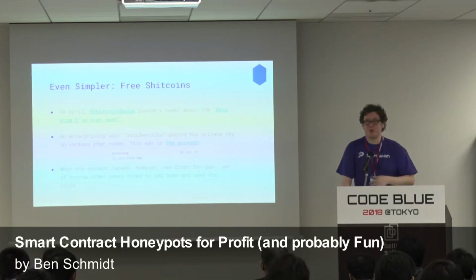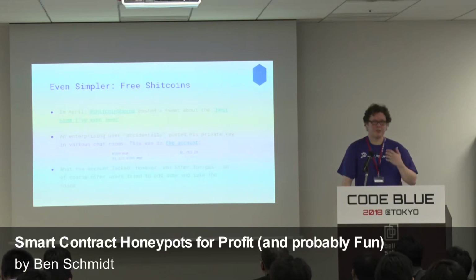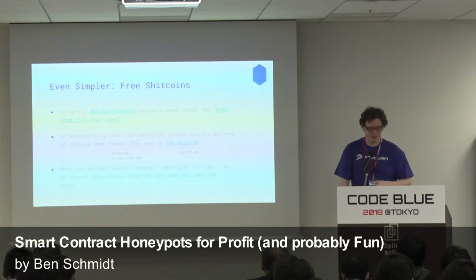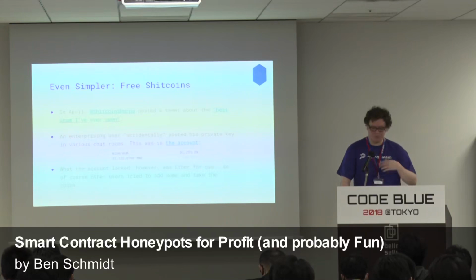An even simpler one, which I kind of think was brilliant in its approach, was that a user started going around into various chat rooms asking for help. And when he asked for help, he would post a private key instead of a public key. What was in the account were some shitcoins, for lack of a better word.